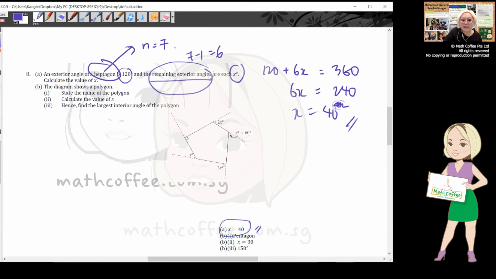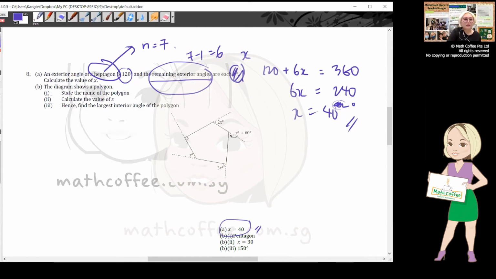If they say the remaining exterior angles are x, then they never put the degree there. Agree? Then you say you got a degree. Although this is a small thing, I indeed got a student tell me that the teacher deducted marks from him because he put the degree there. But to me this is a small issue. Just to let you know why some teachers penalize for putting the degree or no degree.